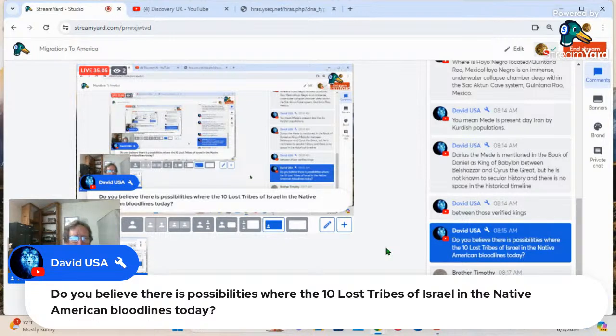There were some, but it was because of Phoenician travel. It's mostly because of Phoenician travel that the I-1 and I-2 and J-1 and J-2 went to America. But we can double check on that too.